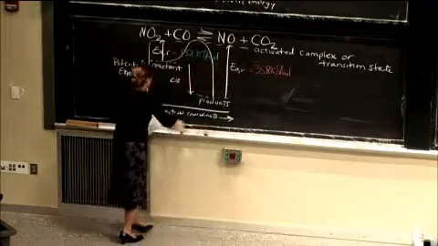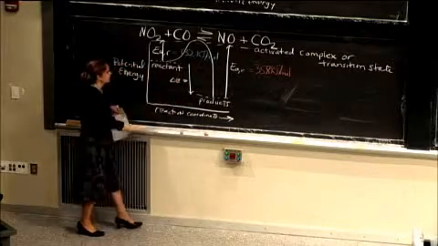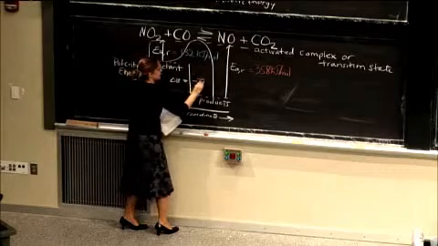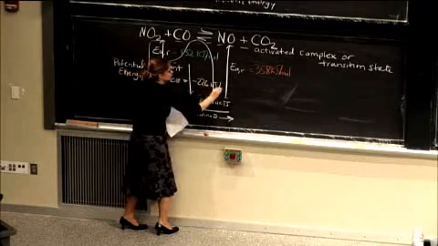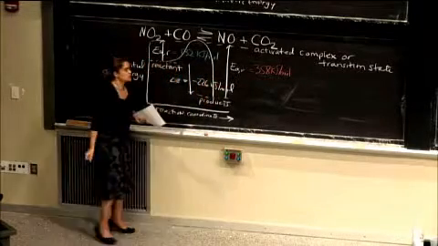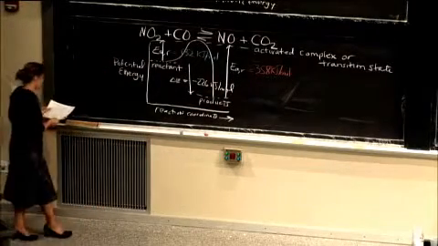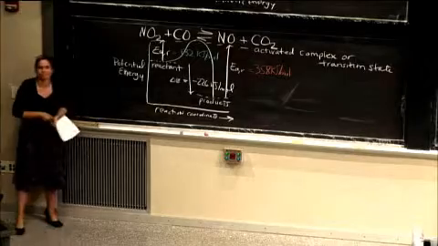And there's also a delta E for the reaction, which is this line from reactants to products, which in this case is minus 226 kilojoules per mole. So do you think this reaction is endothermic or exothermic? What do you think, exothermic or endothermic?